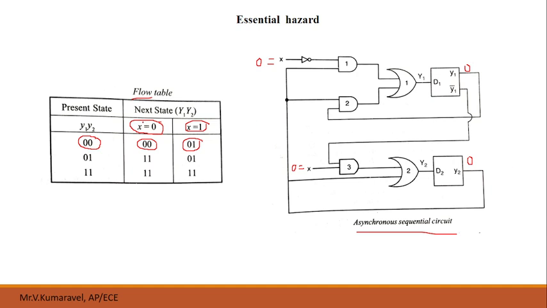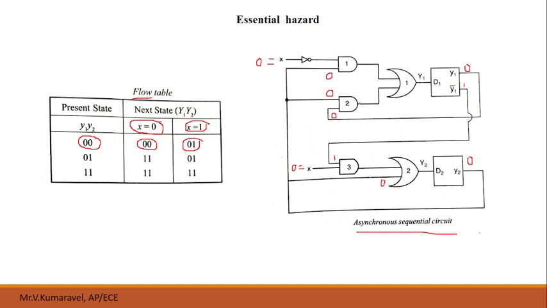Now we'll see what happens to my next state. If here it is 0, then y1 bar is 1. This 1 is fed back here, this 0 is fed back to here, and this 0 is fed back to here and here.